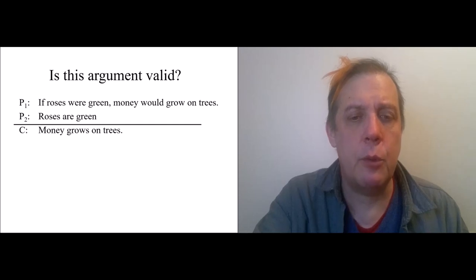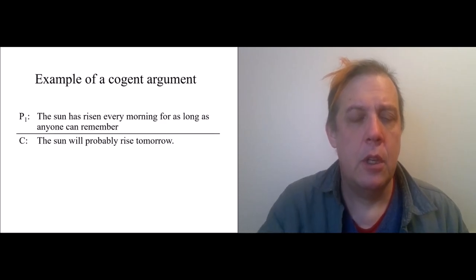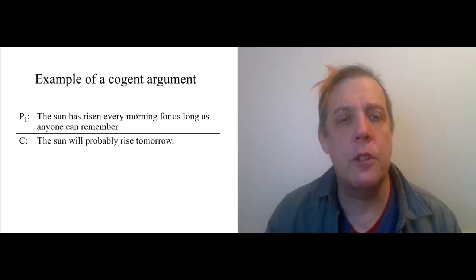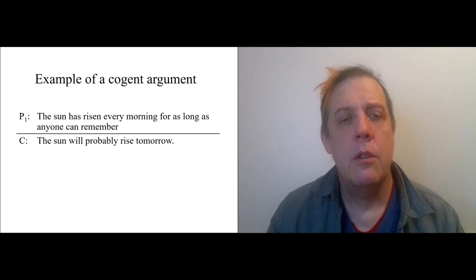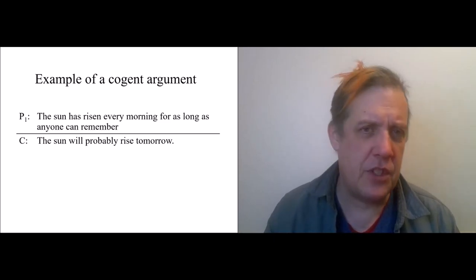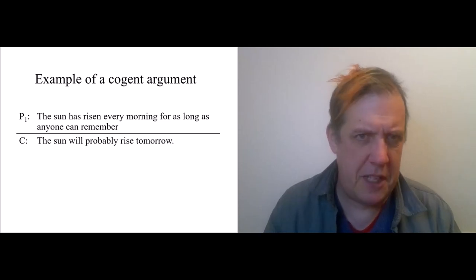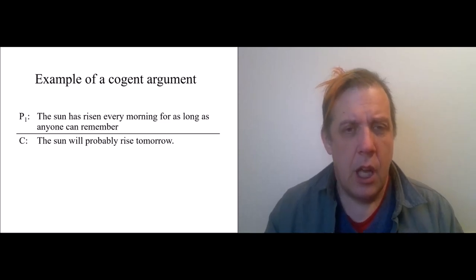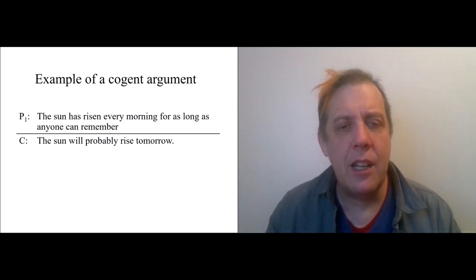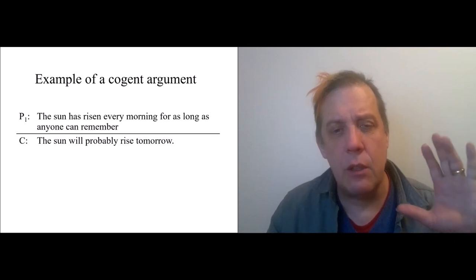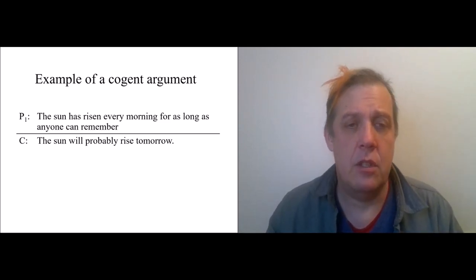All right, I'm going to leave you with one final argument. This one is cogent. The sun has risen every morning for as long as anyone can remember. Therefore, the sun will probably rise tomorrow. You may think of the sun coming up tomorrow as an absolute certainty. But by the standards that gave us mathematical validity, it's not a certainty.